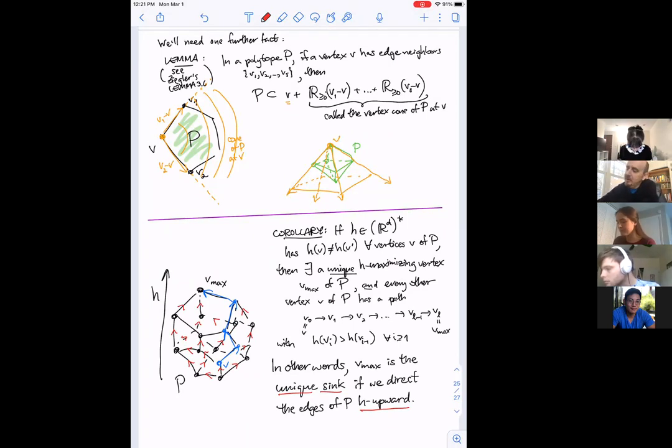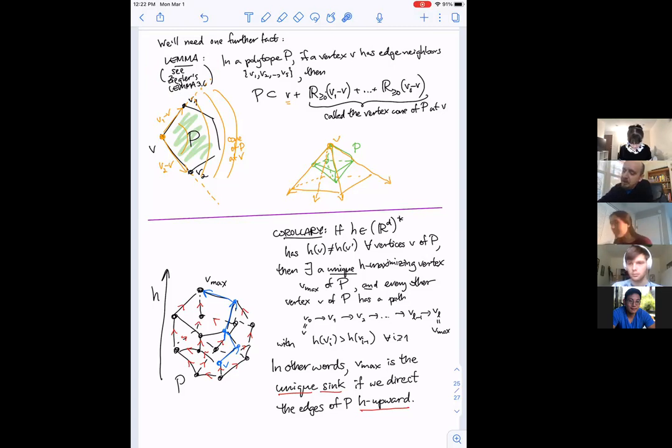So let me remind you, and I actually modified the notes here a little bit, that in order to prove this, I said we were going to need one further fact. This is a lemma that you'll find in Ziegler's book.